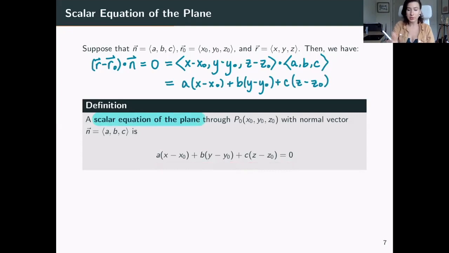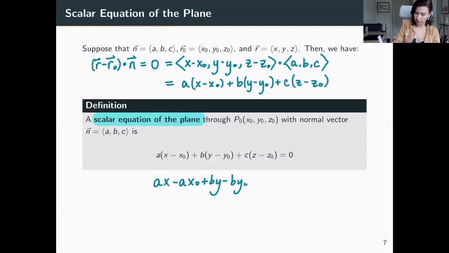You might also see a different form of this equation with a subtle constant difference. So if I wanted to rewrite it, I could expand it out and say ax minus ax0 plus by minus by0 plus cz minus cz0.